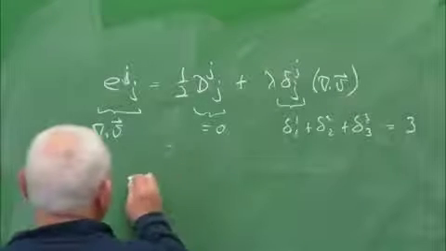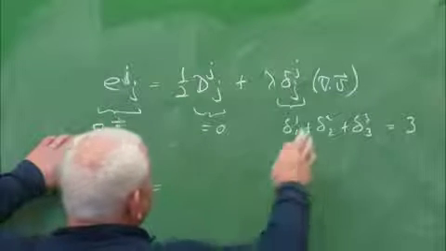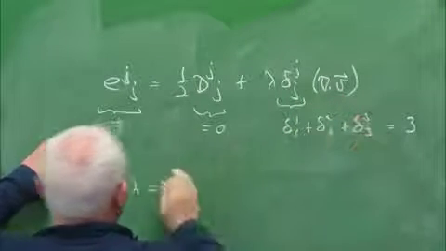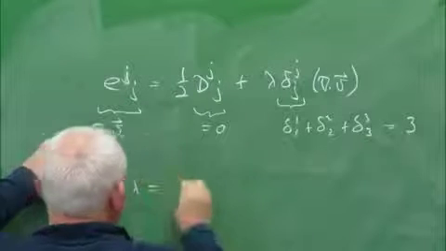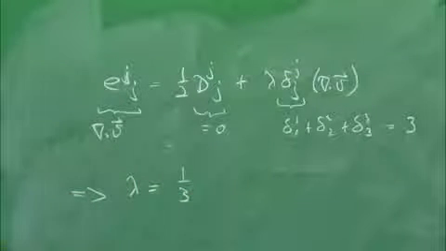And so lambda v goes out, so 3 lambda is equal to 1, and therefore lambda is equal to 1/3. I think I've done that correctly.